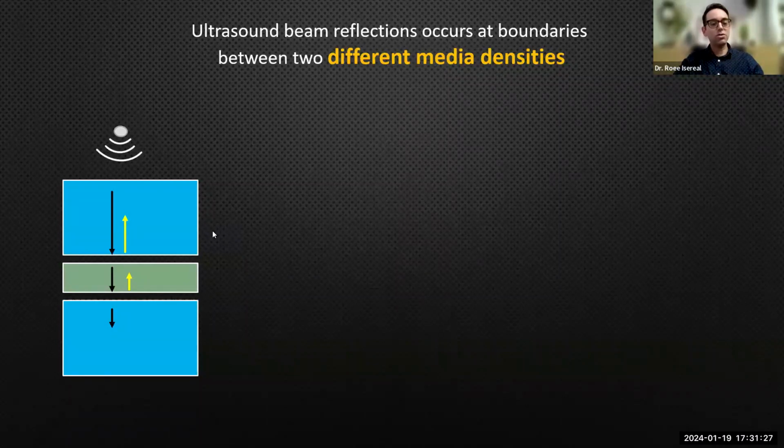As this illustration shows you, the energy propagates inside density number one, then there's a line of change in density, and along this line you have reflection, and some of the beam will continue with decreased energy, and then you have another line, and another reflection, and eventually a small fraction of the energy will continue to propagate inside the tissue.